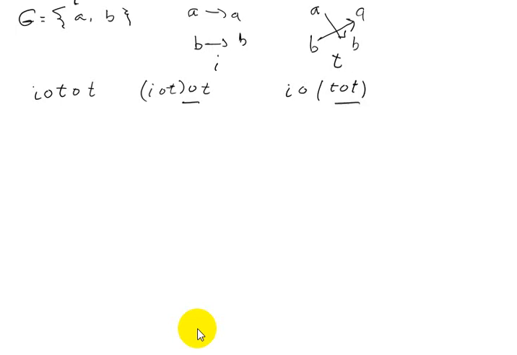Okay, what's the answer? I, A B, composition T. I goes to I and B goes to B, this is identity.